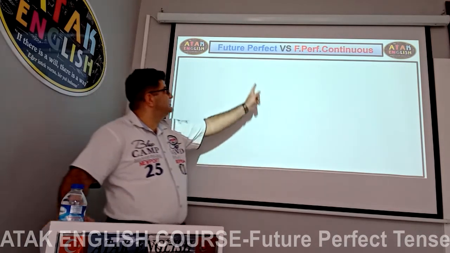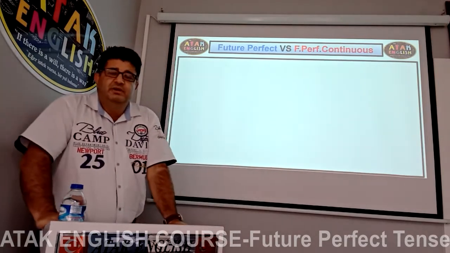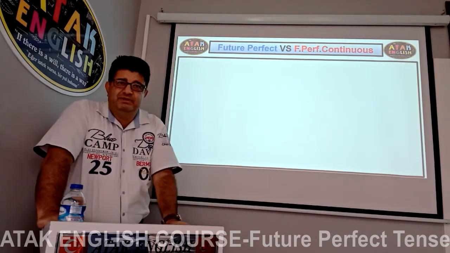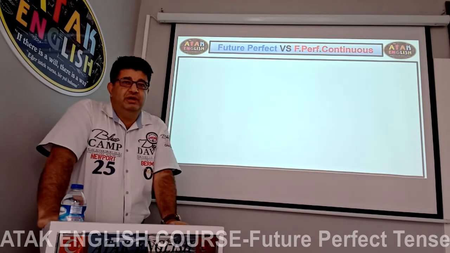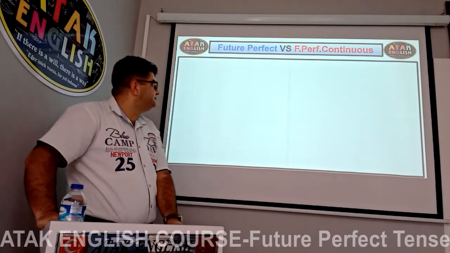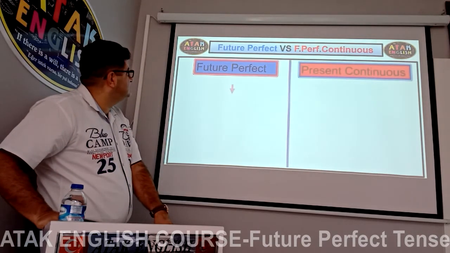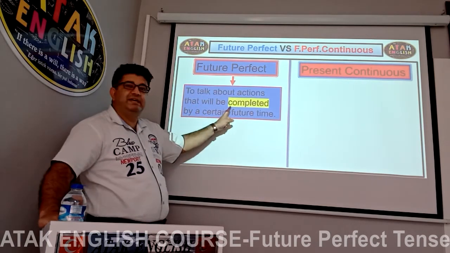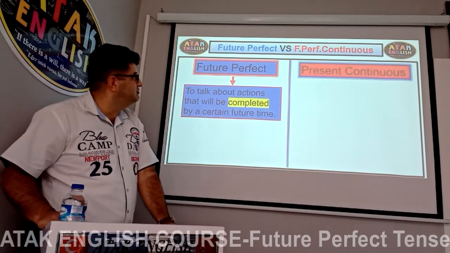Future perfect tense versus future perfect continuous. Why I prepared a slide like this, because it happens. Sometimes students get confused which tense to use when. Here comes future perfect and future perfect continuous. In future perfect, we talk about actions that will be completed by a certain future time.